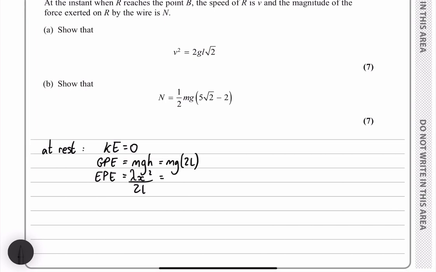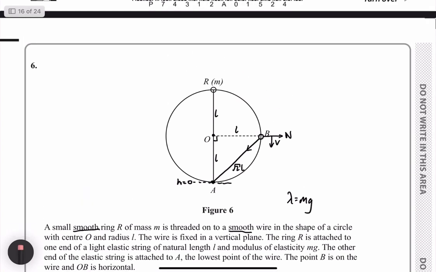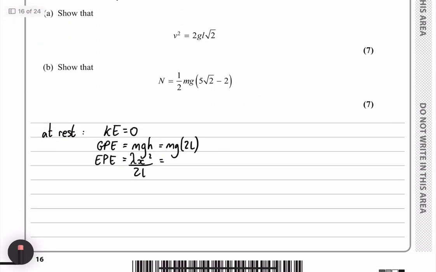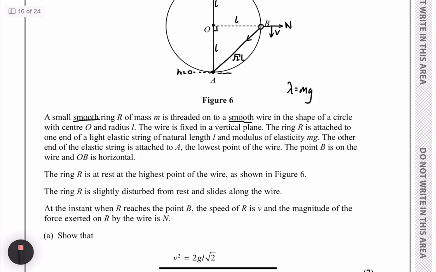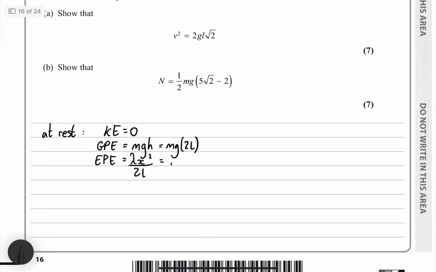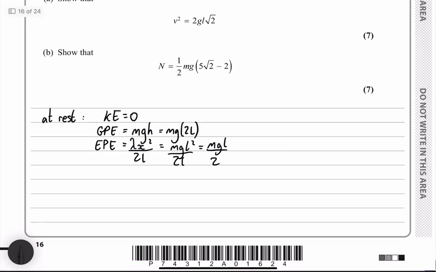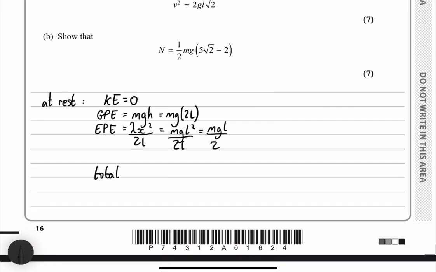And x, if we go back up again, given that the natural length of the string is L and it's stretched up another L, x is also equal to L. So we've got lambda, no, wait a minute, we know lambda is mg, so we can write this as mg L squared over 2L, which equals mgL over 2. So our total energy in the system is 2mgL plus mgL over 2. That's 2 plus a half, so that's 5 over 2 mgL.